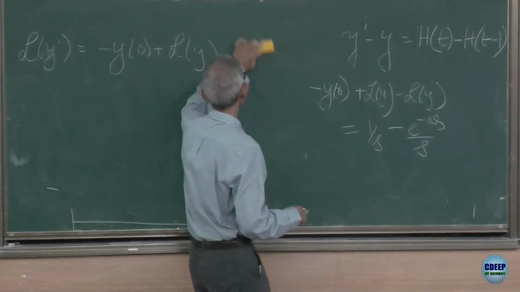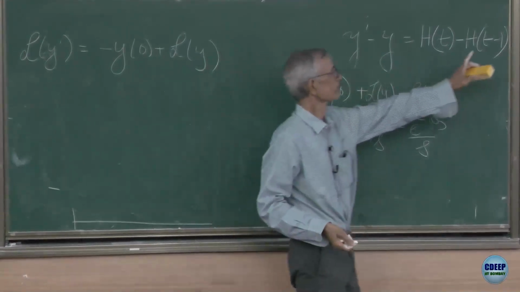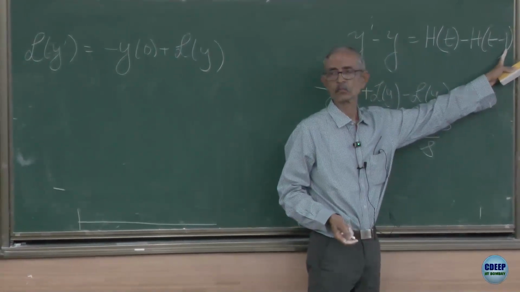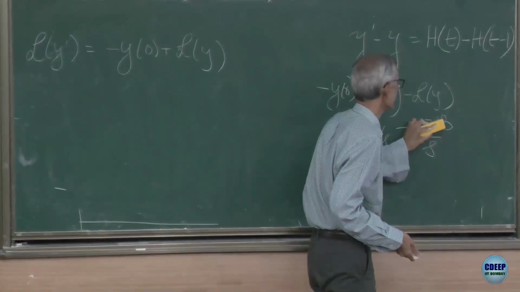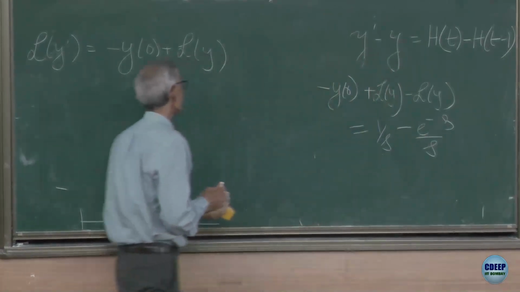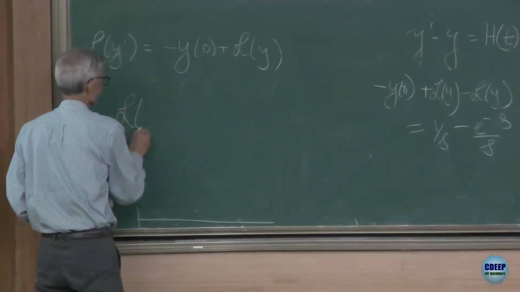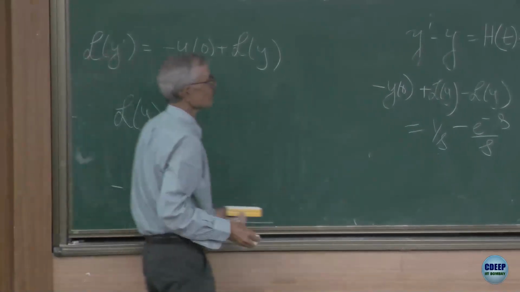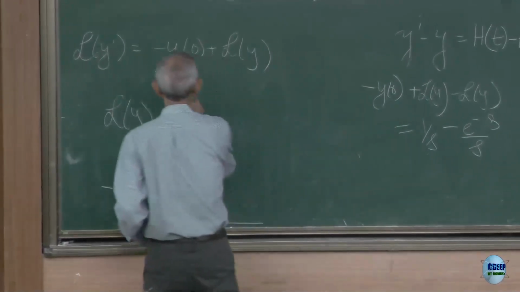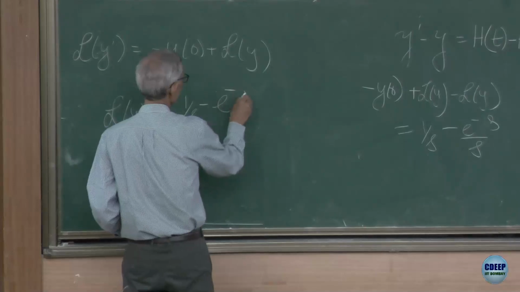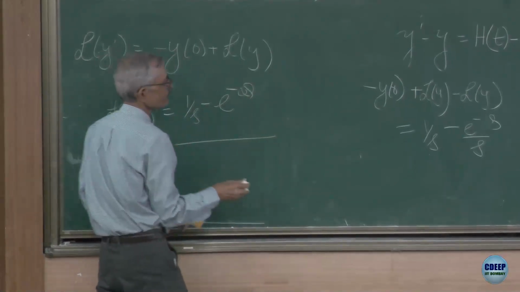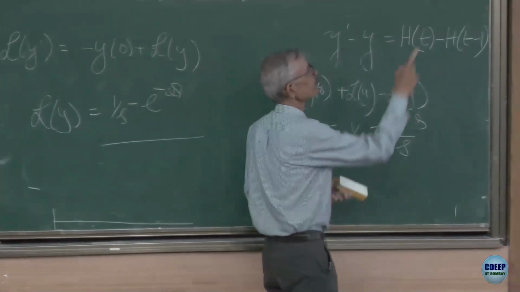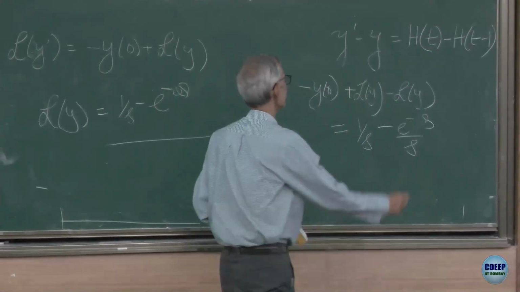What is a? A is 1. Okay, so A is 1. So the Laplace of y is equal to 1 by s minus e to the minus as upon s. Now this y0 has been given to us as being equal to 0.